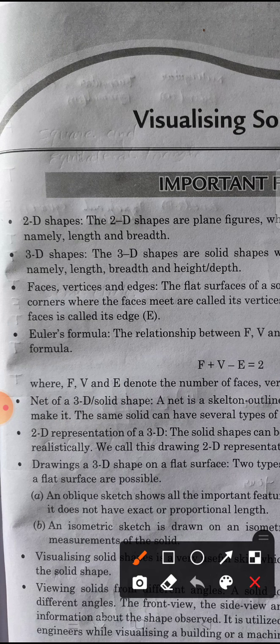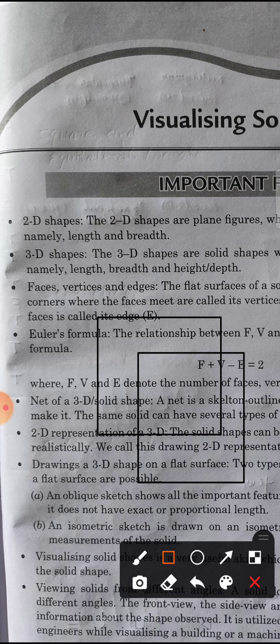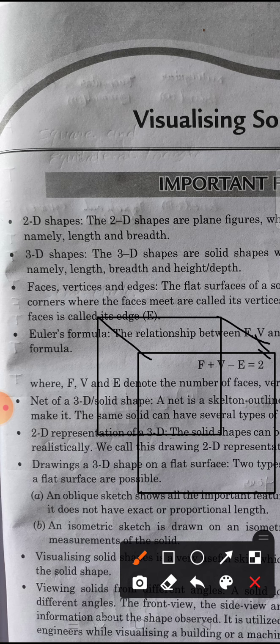So, suppose these are the cube and this is the vertex. So here two edges meet.